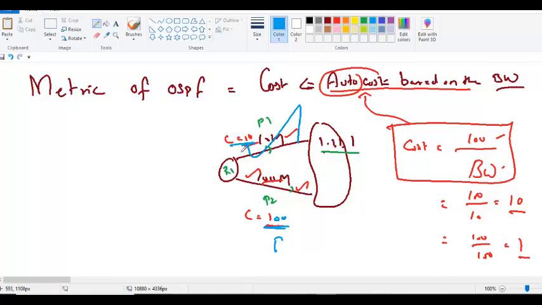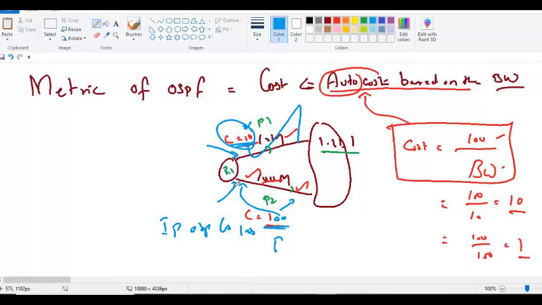On this interface, you did not say that. So it automatically calculates and uses 10 as the cost. Here you configured as 100. Even though the bandwidth is more, router 1 will not use it. Why?